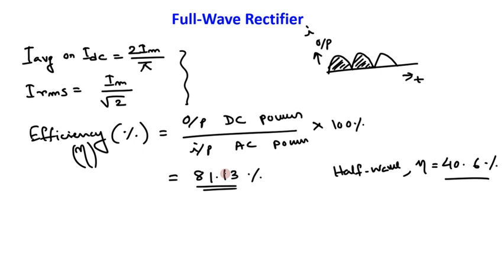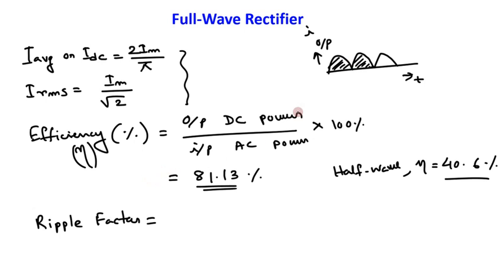Then another important point is the ripple factor, isn't it? You can follow the same process and find the ripple factor here. By the way, what do you think, will the ripple factor decrease compared to that of the half wave rectifier or will it increase? It will definitely decrease, right?